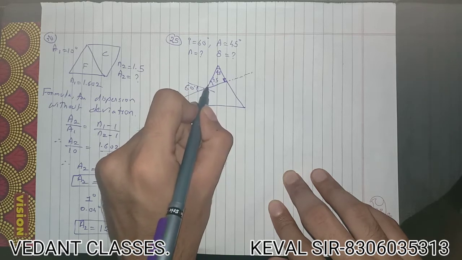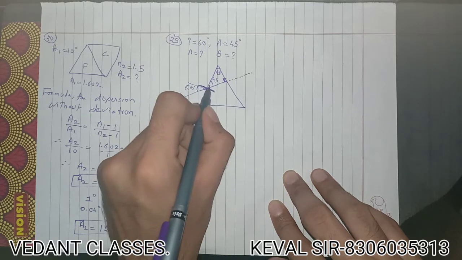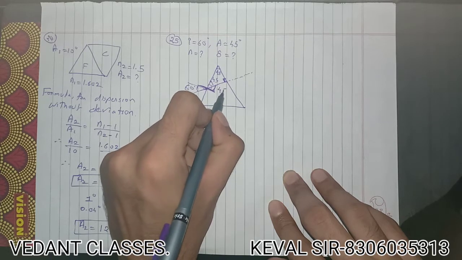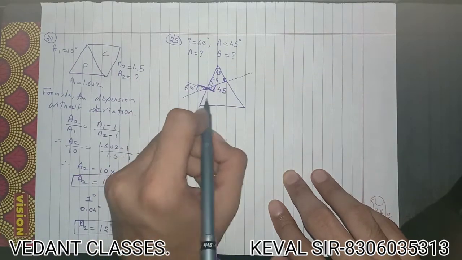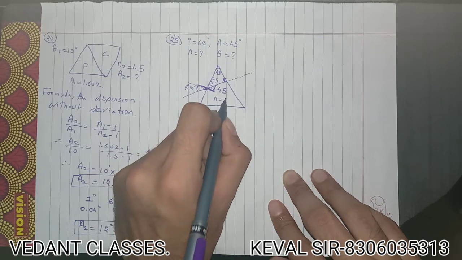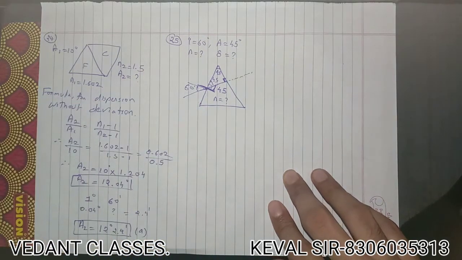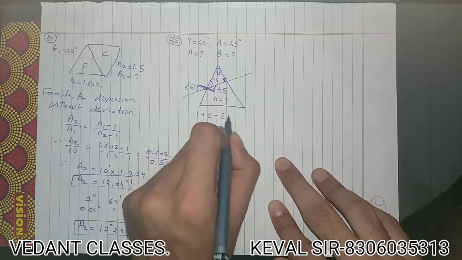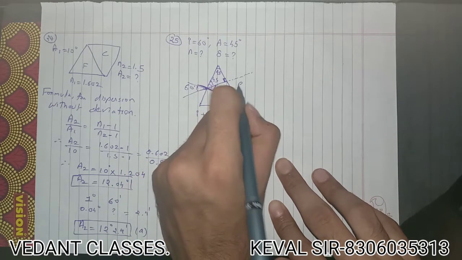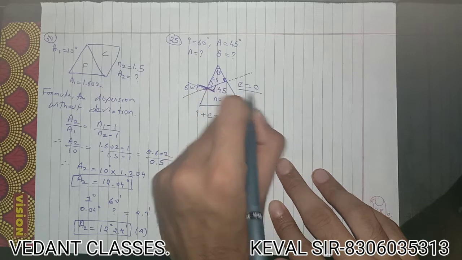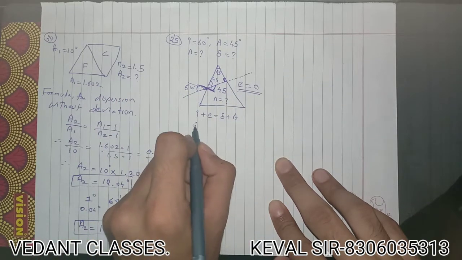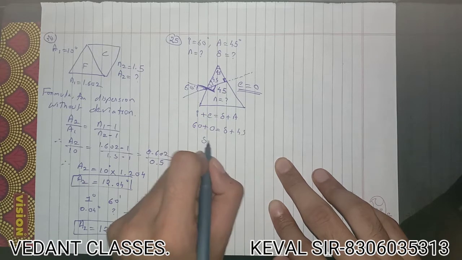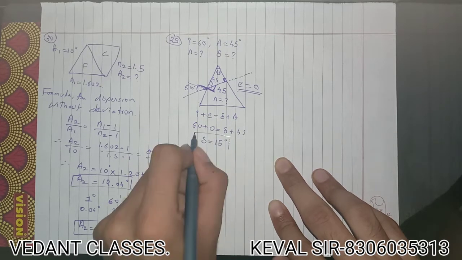And this is normal to the surface, and here it is also a right angle, so the angle of refraction will also be 45. Let's consider the material has a refractive index n. Now we can apply the formula I plus E equal to delta plus A. Clearly, as there is no refraction, E will be equal to 0. So 60 plus 0 is equal to delta plus 45. The value of delta will be 15 degrees.